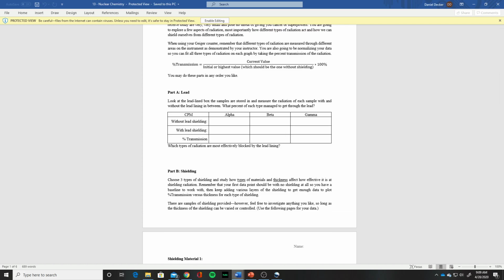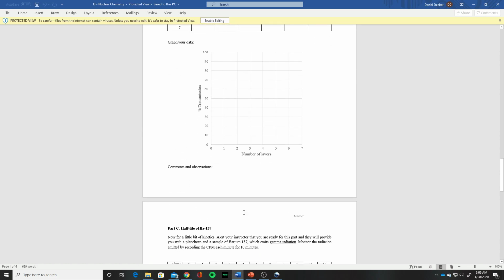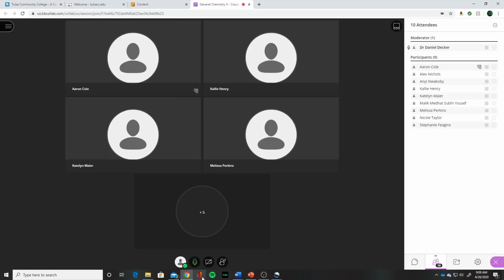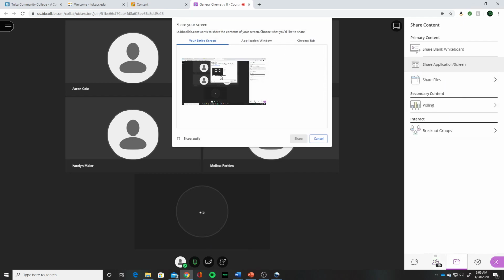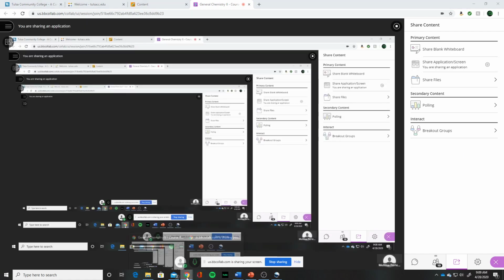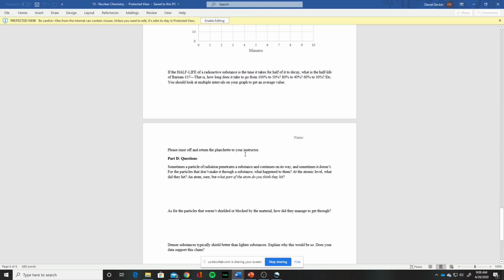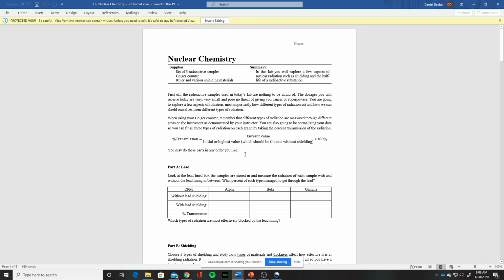So, I believe, yeah, so let me show you my screen here. So this is the nuclear chemistry lab report here, and I believe this is the correct version.